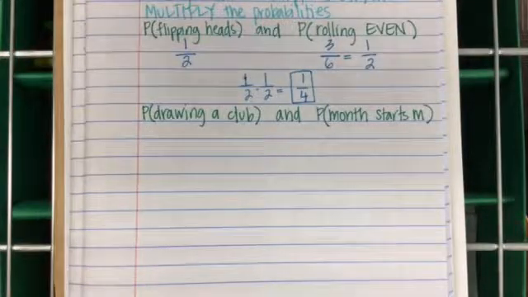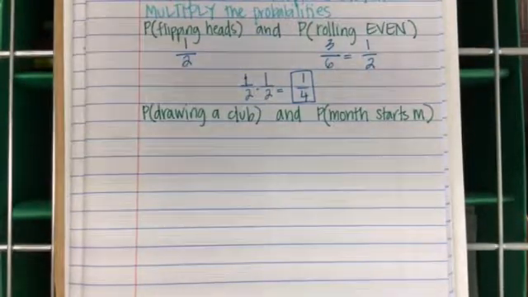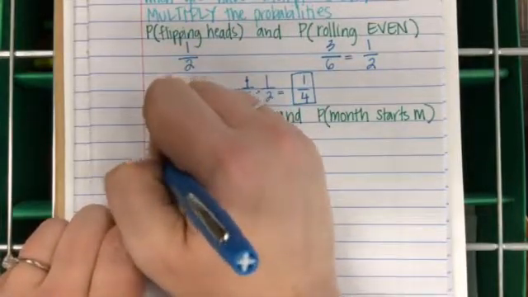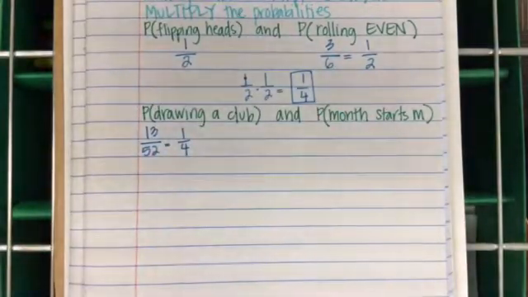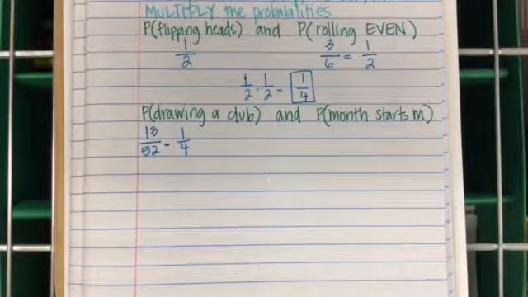So how many clubs are there? There's 13, ace through king, out of 52, which is 1/4. There are 4 suits. Those are called suits, right? And 1 suit is club, so 1 out of 4. Or you could count ace, 2, 3, 4, 5, 6, 7, 8, 9, 10, jack, queen, king.